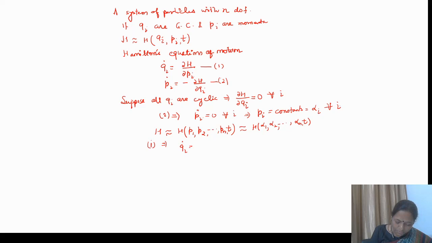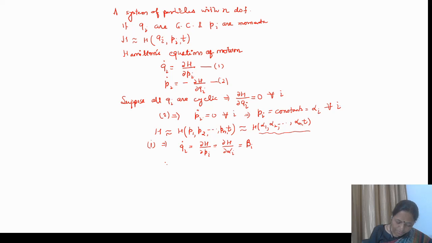Qi dot is delta H by delta Pi, or delta H by delta alpha i. If you differentiate H with respect to alpha i, you will get an expression which is constant or probably a function of time. Suppose it is Bi, a constant.